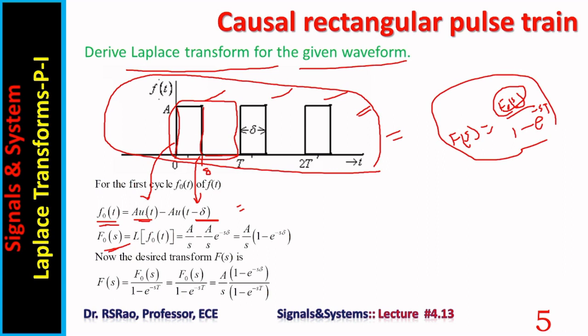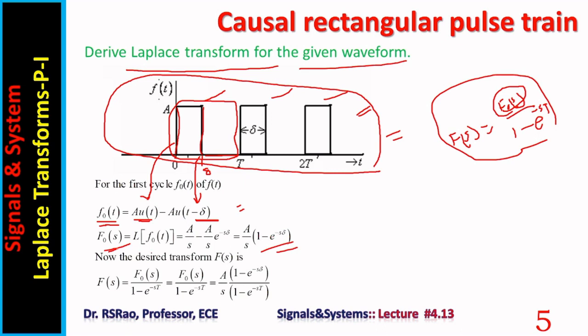Laplace transform of step function, we know, is a by s for a u of t, and a by s e power minus s delta for a u of t minus delta. It gives f naught of s as a by s times 1 minus e power minus s delta.